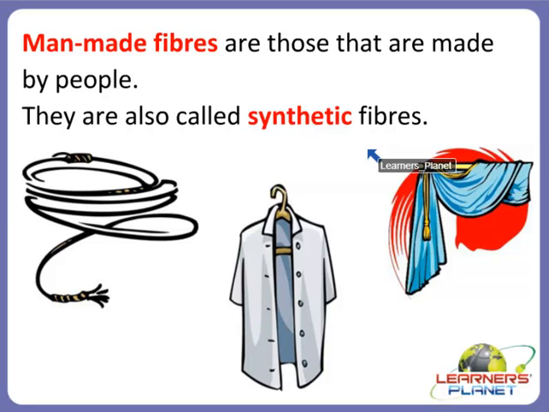So we can see here some pictures. These are some examples of man-made or synthetic fibers. This is a nylon rope. This is a terry cotton shirt.